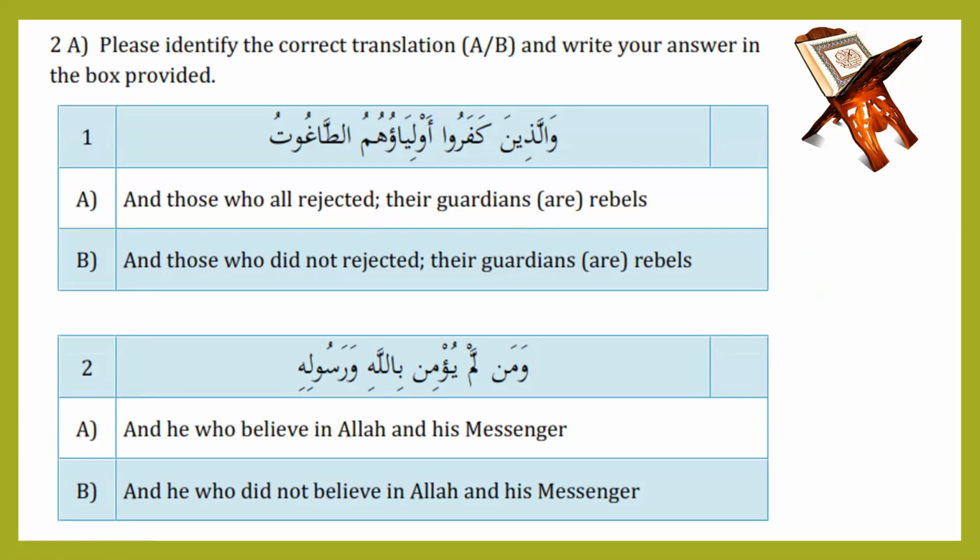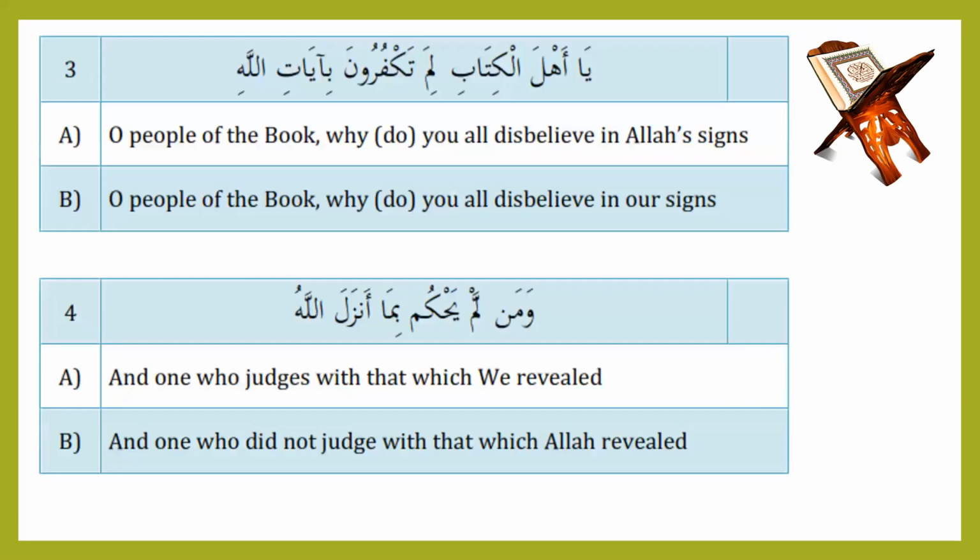والذين كفروا أولياؤهم الطاغوت, and those who all rejected, their guardians are rebels. A is the correct answer. ومن لم يؤمن بالله ورسوله, and he who did not believe in Allah and his messenger. B is the correct answer. يا أهل الكتاب لما تكفرون بآيات الله.